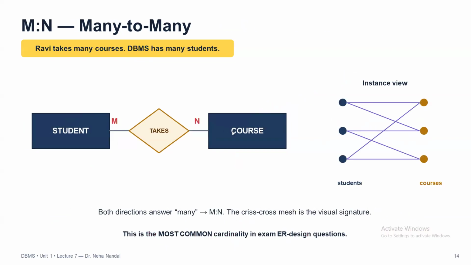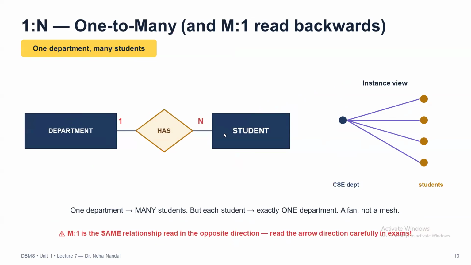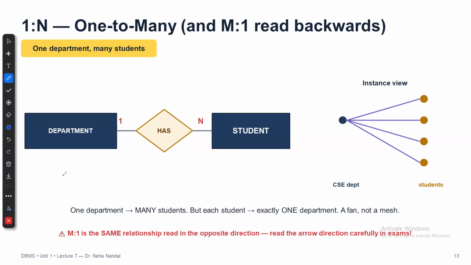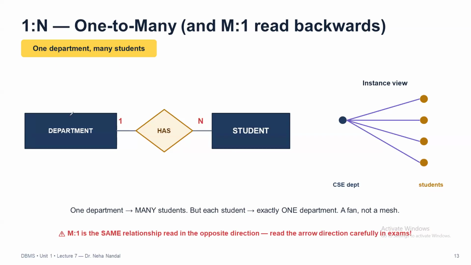That is one-to-many. In one-to-many, what happens is how many x's for y and how many y's for x. Here also we'll check in the same way. One entity set is department, another entity set is student. We have x and we have y.